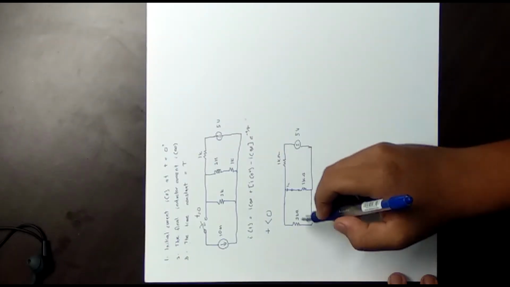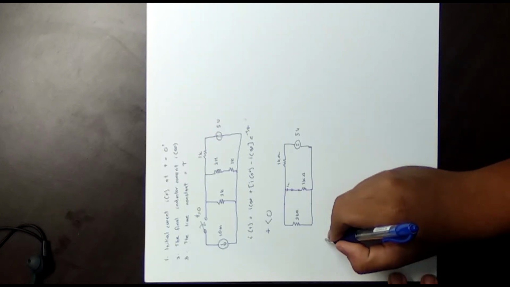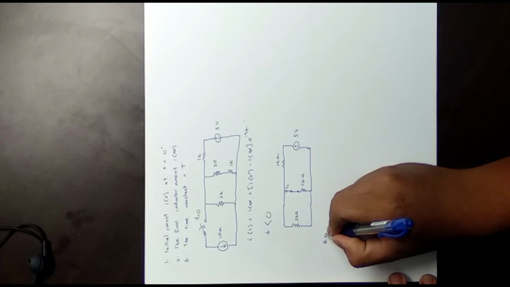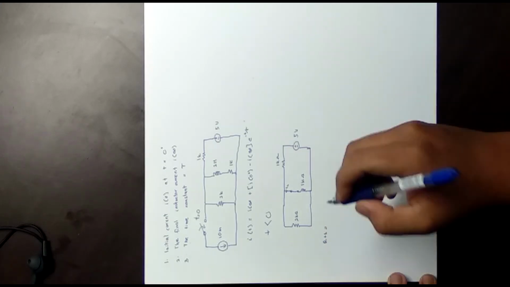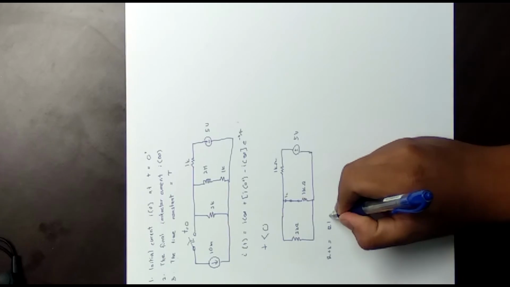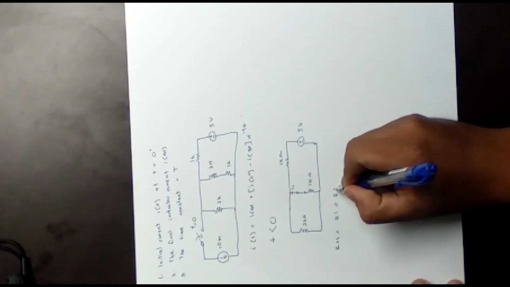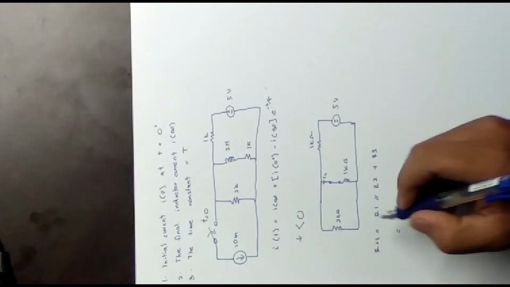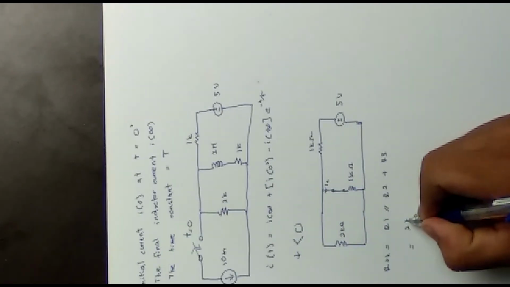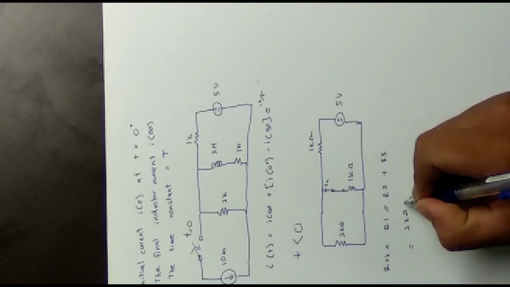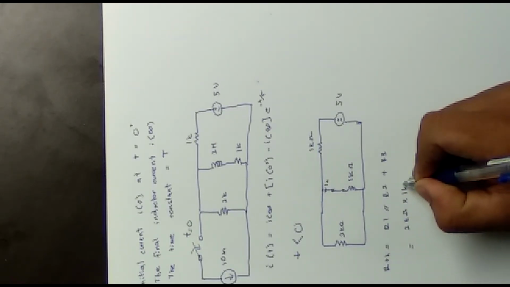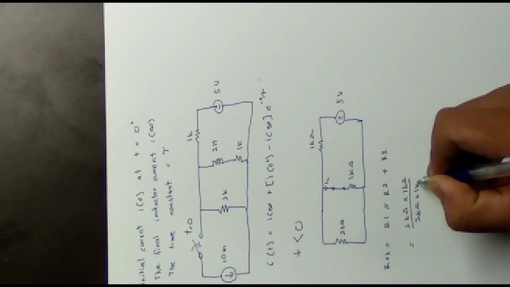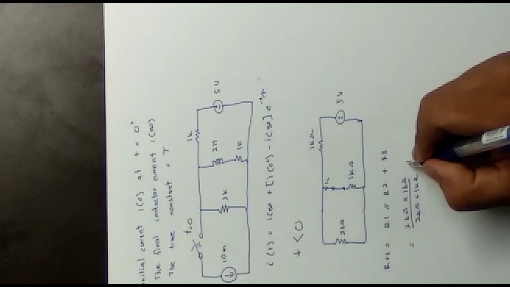Firstly, we must find the R total. RTH is equal to R1 parallel with R2 plus R3. R1 is equal to 2 kilo ohm times 1 kilo ohm over 2 kilo ohm plus 1 kilo ohm, plus R3.